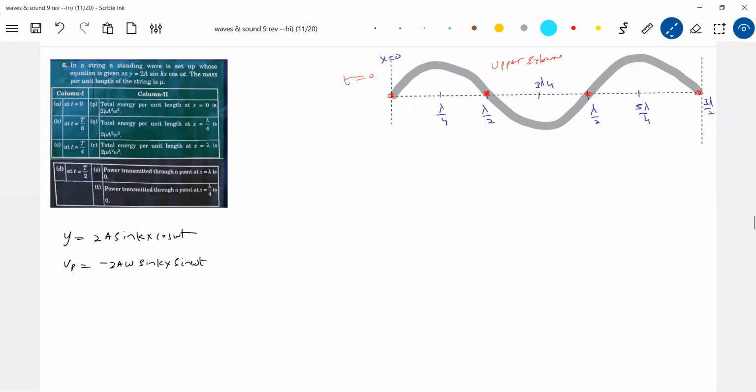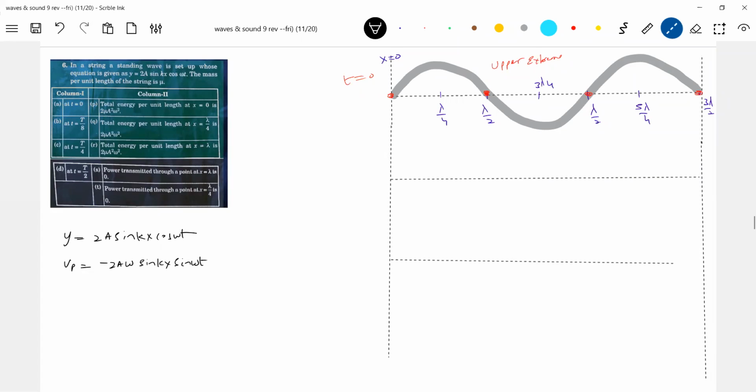So at t equal to T by 4, what do we get? I have to draw the diagram first. This will be T by 8, T by 4, and this will be T by 2. Various instants of time.